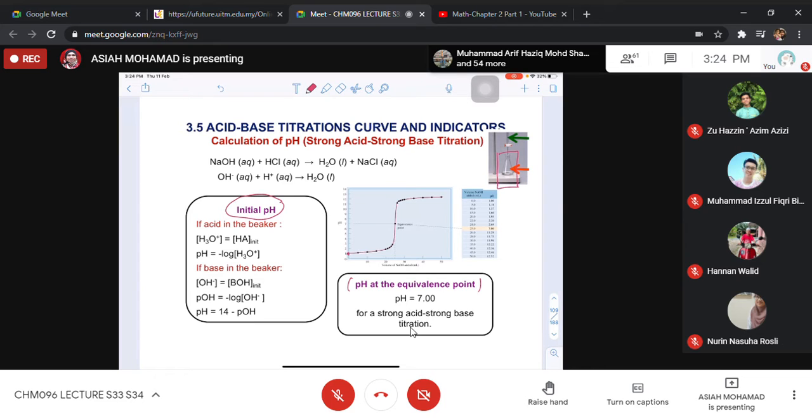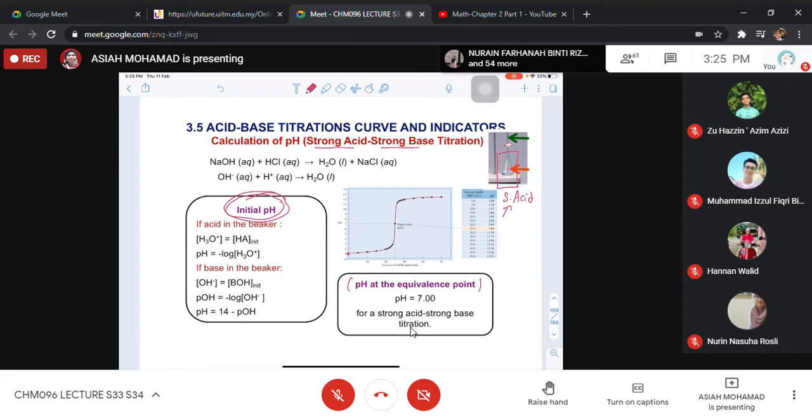In this case, if it is titration between strong acid and strong base, meaning that in the flask, the species present is strong acid. So how do you determine the initial pH for this acid? Recall back, how do you calculate the pH for strong acid?